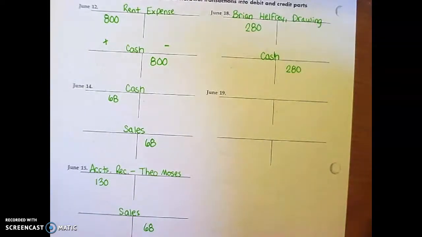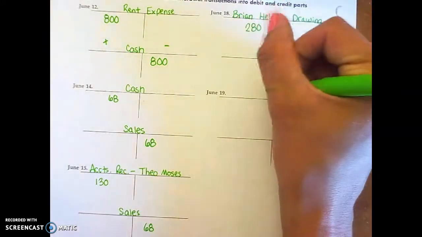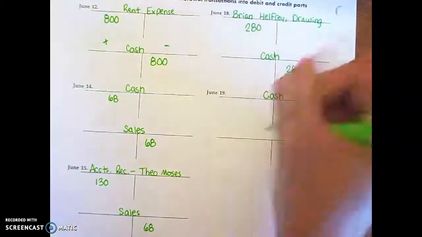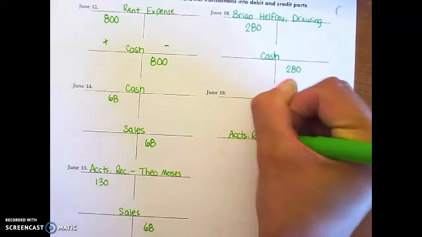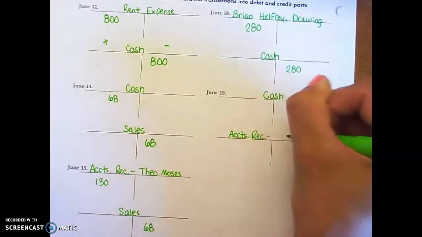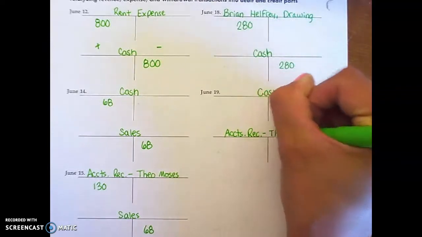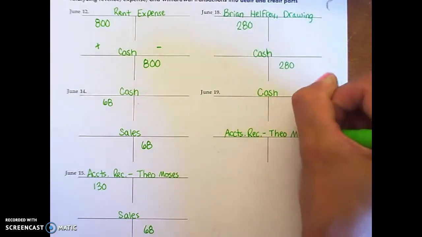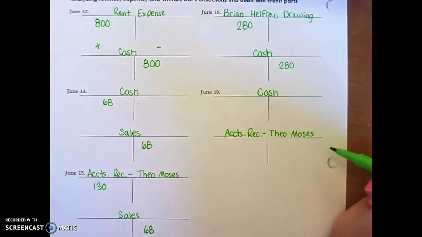And then on the last one, on the 19th, we received cash on account from Theo Moses for $130. So I will put cash and then accounts receivable. If you abbreviate payable, you would just put PAY, period. But make sure you are writing these accounts correctly. You can't just write accounts receivable and you can't just write Theo Moses.